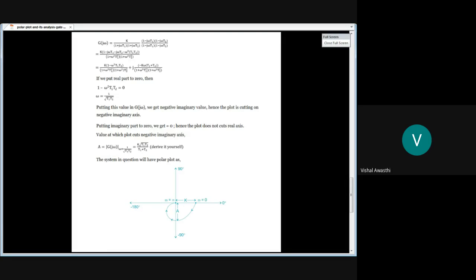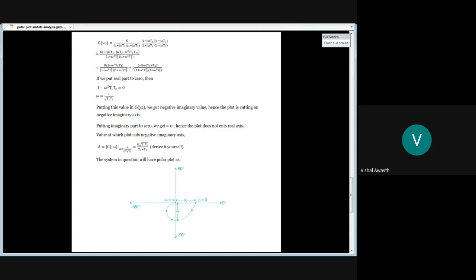It means you have to terminate this plot with an angle of minus 180 degree, and towards origin, because at origin the length is 0.